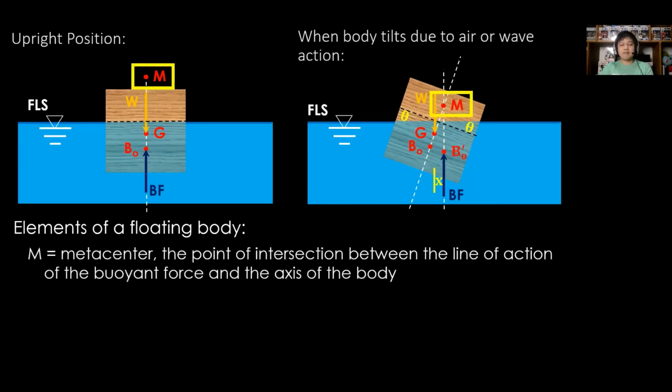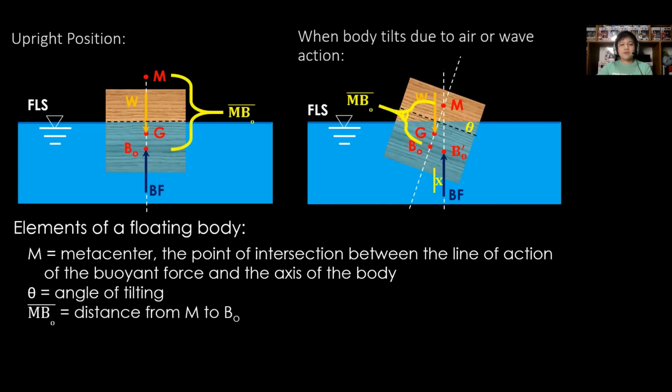Next is M, the metacenter, the point of intersection between the line of action of the buoyant force and the axis of the body. Next is the angle theta, or the angle of tilting, measured at either the immersed or emersed portion from initial to final maximum tilt of the body.